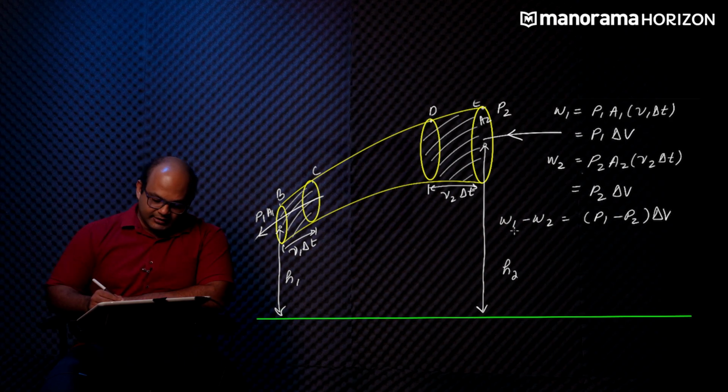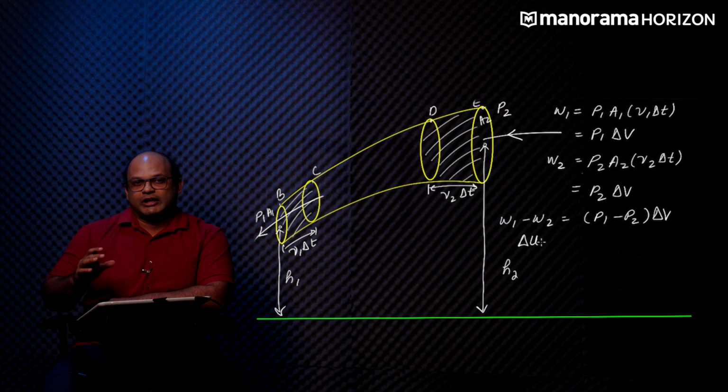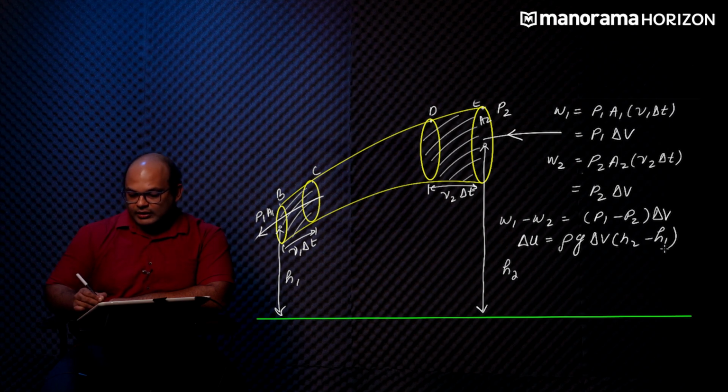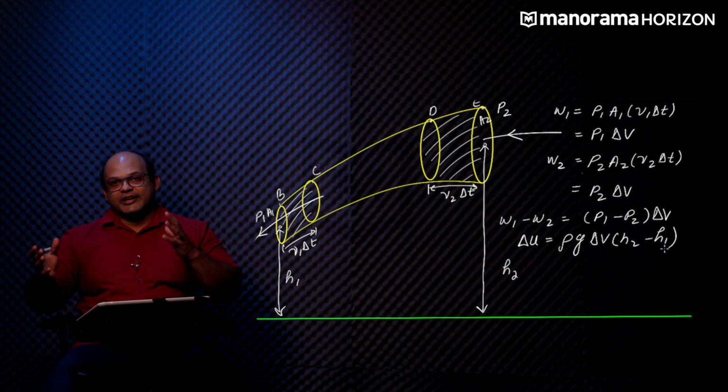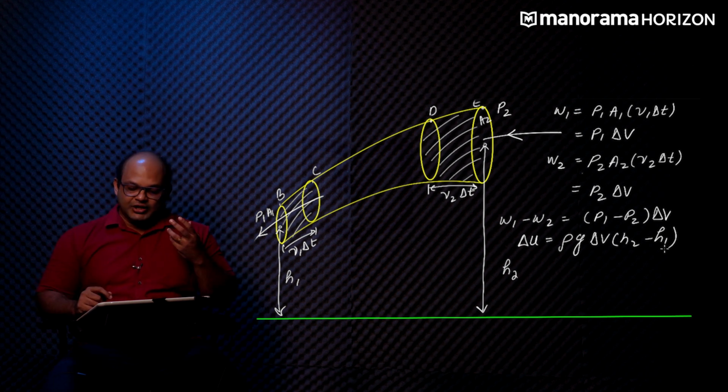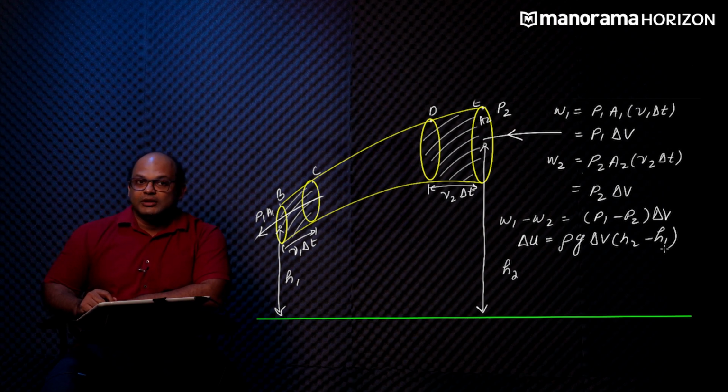So let's do that. So delta U, that is the change in the gravitational potential energy of the system, is equal to rho multiplied by g multiplied by delta V (h2 minus h1), where h2 minus h1 is the change in the height since we are dealing with gravitational potential energy. Delta V is the change in volume, rho is the density of the fluid, and g is acceleration due to gravity.